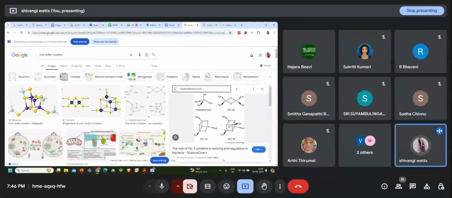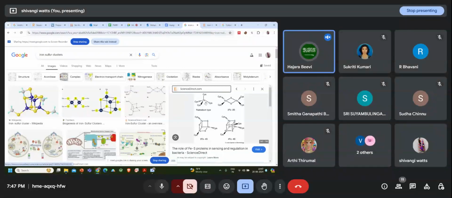Can you see here? You are seeing the screen, right? Yes. Here the two iron cluster is there. So first one is rubredoxin. The other three are ferredoxins.